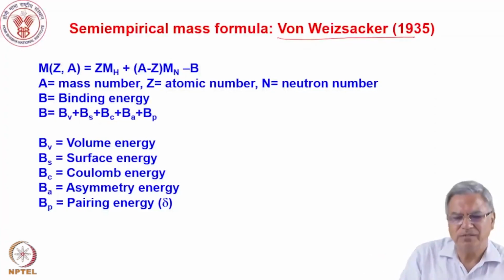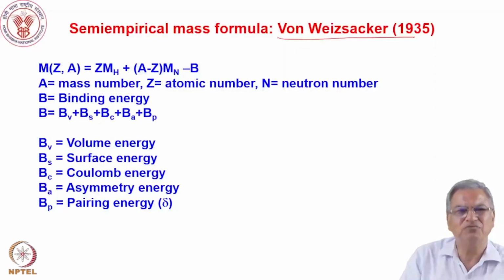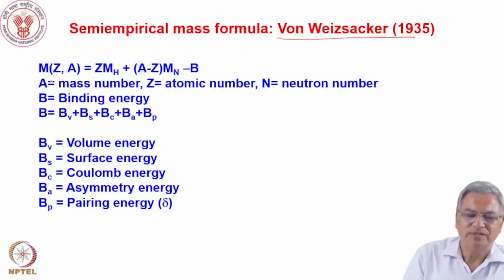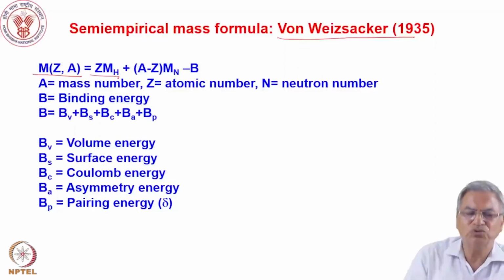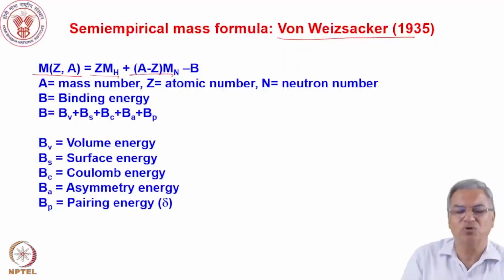So in the liquid drop model, the most important thing is to predict the mass of a nucleus, which requires predicting its binding energy. So we are focusing more on the binding energy of the nuclei. The binding energy is essentially given in terms of the mass of the nucleus equal to the mass of the Z protons in the nucleus and the mass of the A minus Z neutrons in the nucleus.